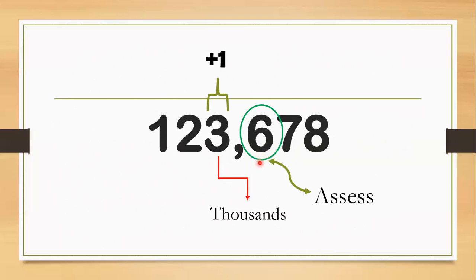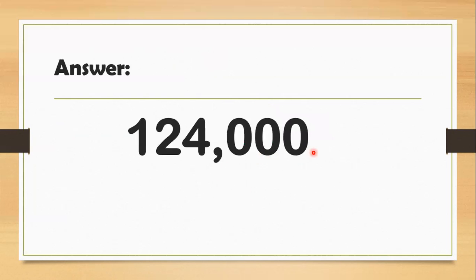Why do we have to add 1, by the way, in the thousands place? Yes, because 6 is greater than 5. Now, after you have assessed the number on the right-hand side, you are going to replace 6, 7, 8 with zeros. So the answer would be 124,000.